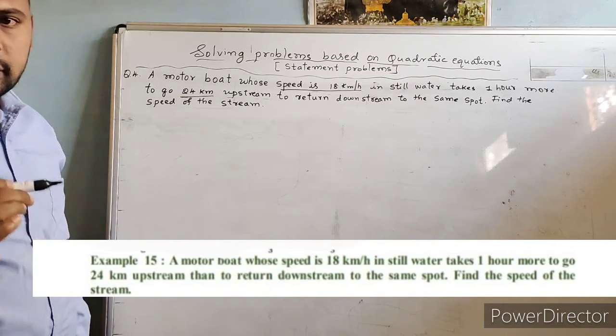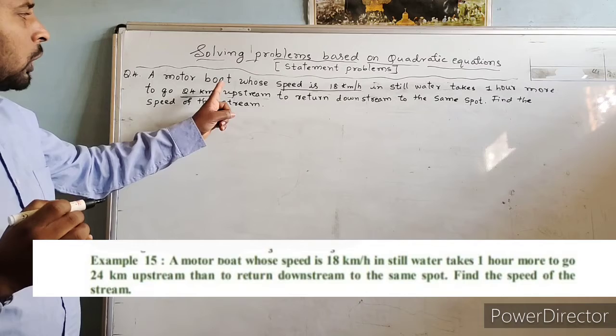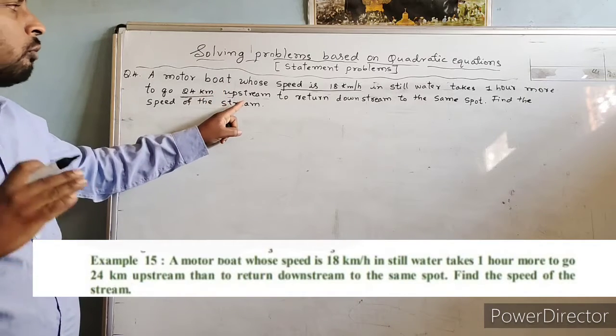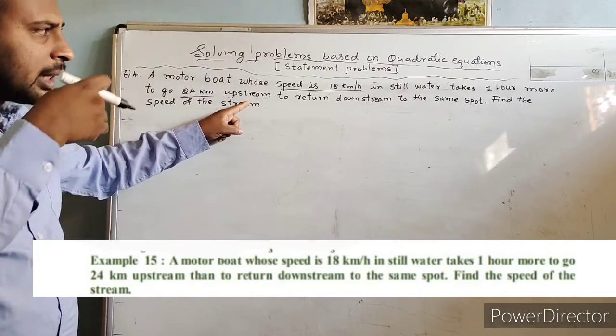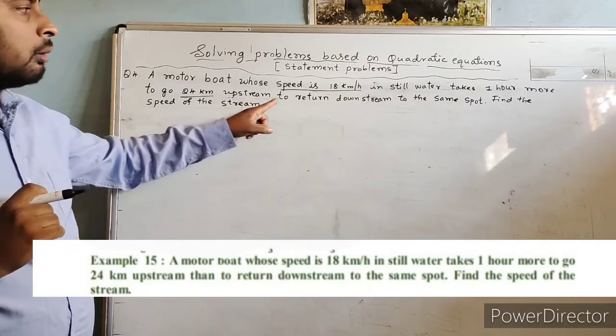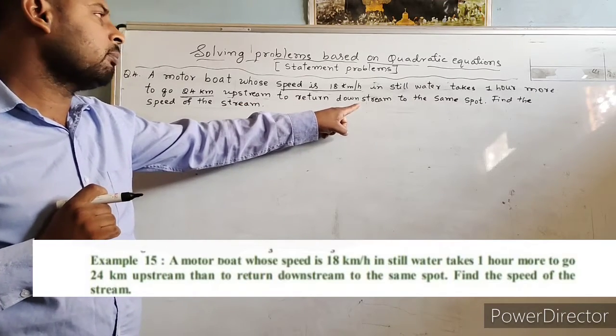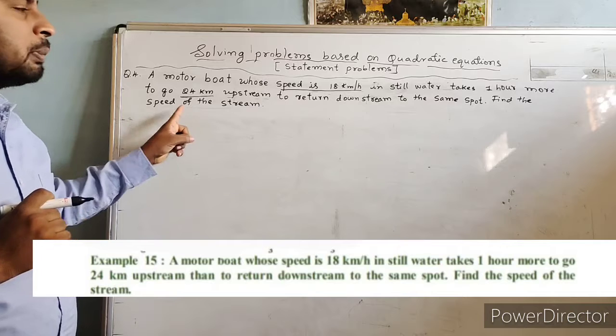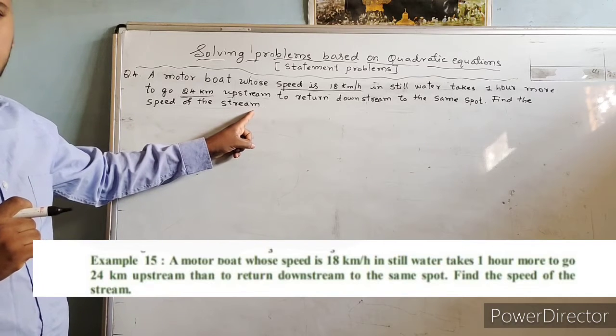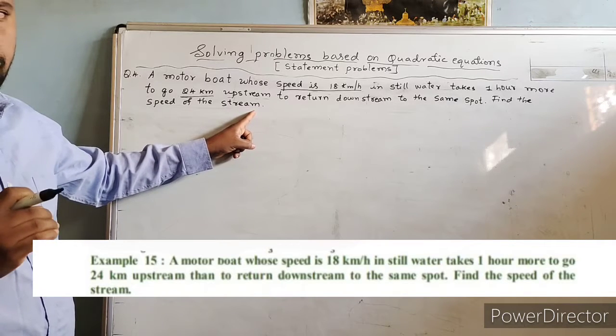So here the total distance is 24 km. The motorboat will go upstream and return to the same spot by downstream. Now find the speed of the stream. It is a given question for you.